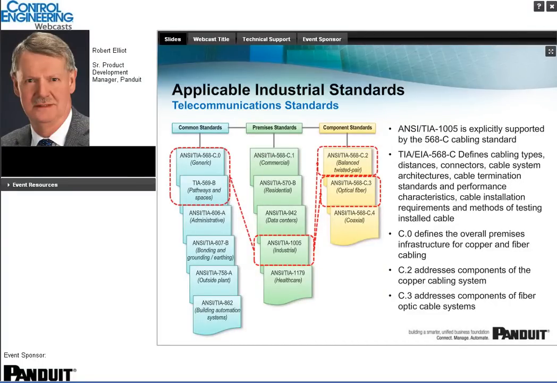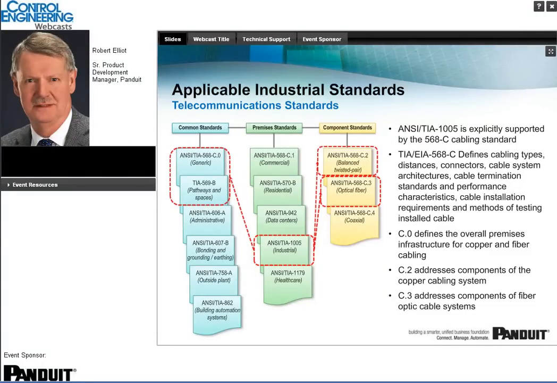Then you would also associate this cabling with the pathway standard and the administrative standard. What is that? Well, it addresses layout and labeling, not only of racks and cabinets, but also identification for components like patch panels and structured cabling.